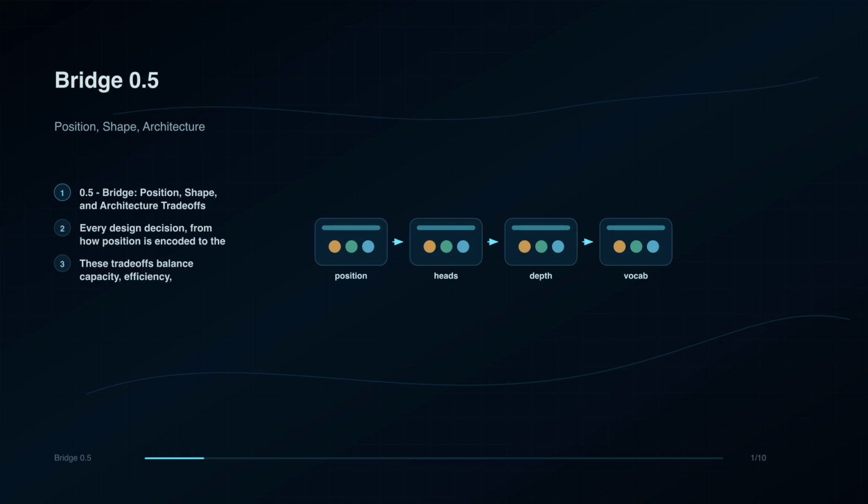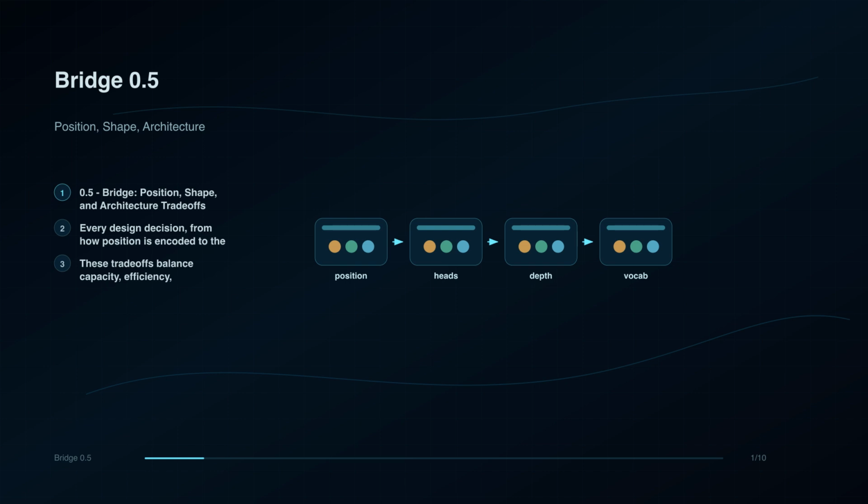These trade-offs balance capacity, efficiency, stability, and generalization. Understanding them means understanding why transformers are built the way they are and what constraints shape their design. We'll explain why these architectural choices matter and how to think about the trade-offs that guide modern language model design.